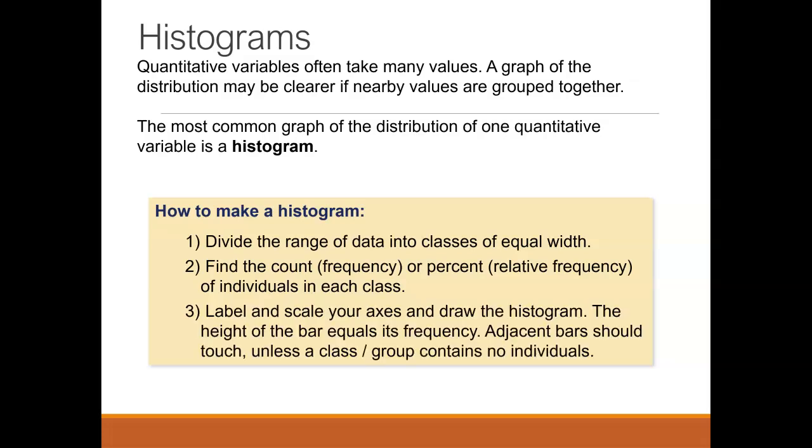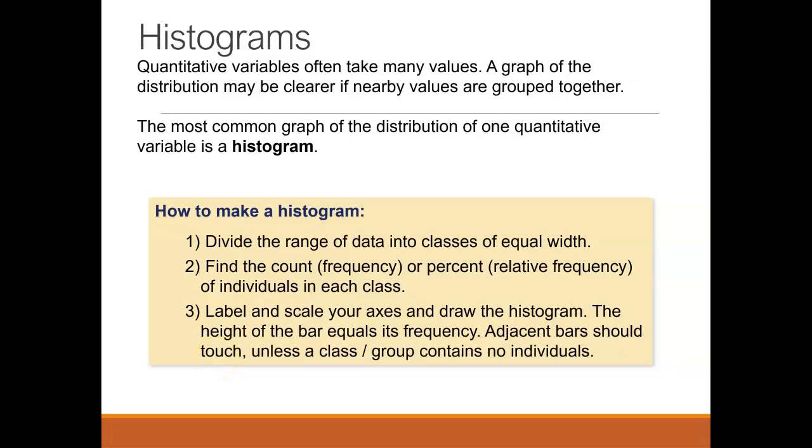And then we're going to label and scale our axes. Really important. One of the most common mistakes on quizzes and tests that students make when they draw their graphs is they don't label their x and y axes. And we draw our histogram. Now, this is another key piece. Adjacent bars should touch.